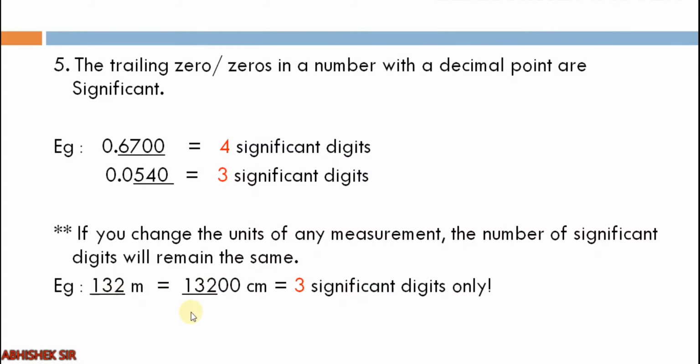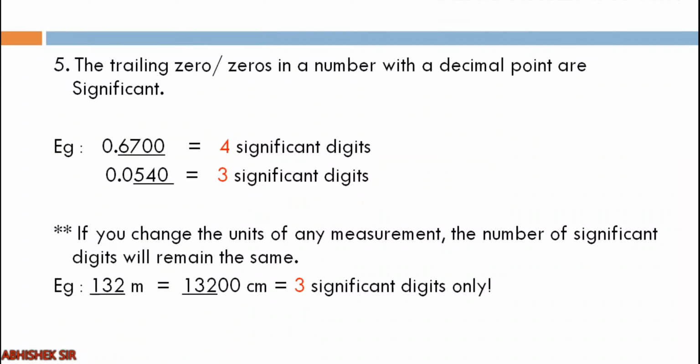Overall, you see change in unit, but no change in number of significant digits. In 132 meter, 3 significant digits. In 13200 centimeter, 1, 3 and 2 only are the significant digits. Clear? So these were some rules of determining the number of significant figures.